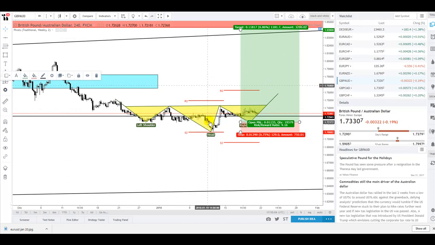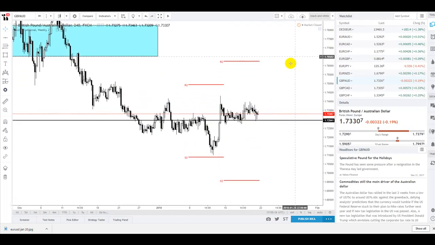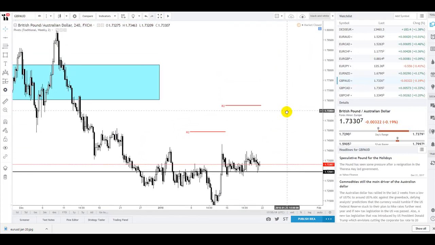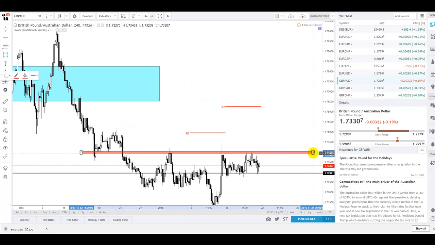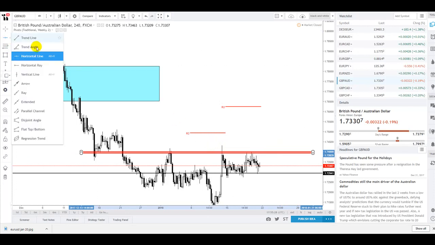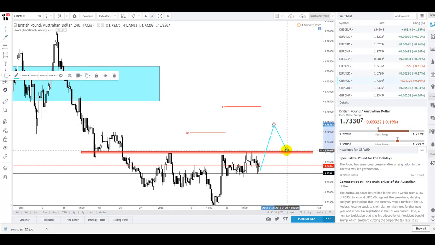The alternative to this trade, because this one's the most aggressive, so you could look at this on a smaller risk profile, would be to wait for the head and shoulders to be confirmed. So let's just move this out, and that would be basically looking at this zone here, wait for a close above this area, and then we're looking for the market to move up in this direction and then pull back, and we'll be looking for long trades from this point.